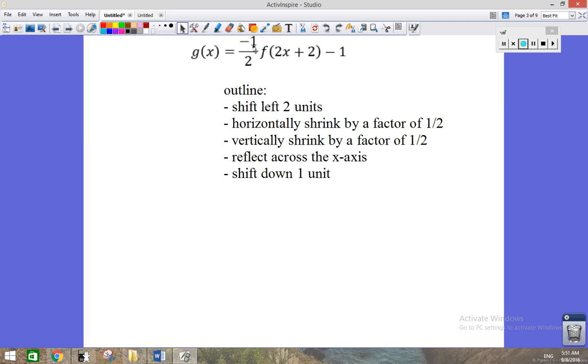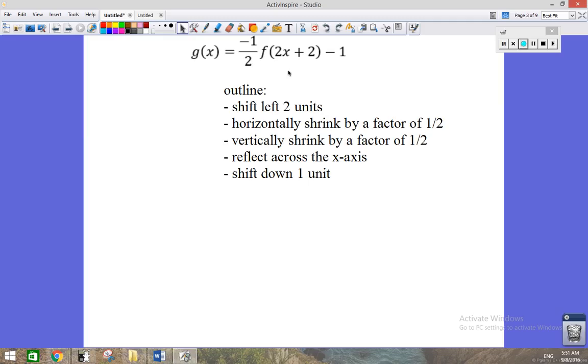The negative sign on the outside of the parentheses, when you're affecting the y-coordinates, the output of the function, is going to be a reflection across the x-axis. And then finally, this -1 is going to shift it down 1 unit. So this is almost the maximum number of transformations we can have. Really, the only thing missing would be a reflection across the y-axis, and that's the maximum that we could have.